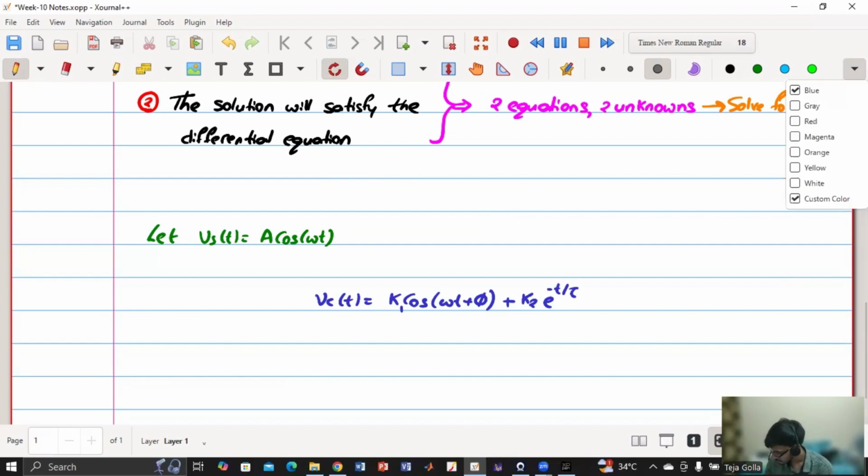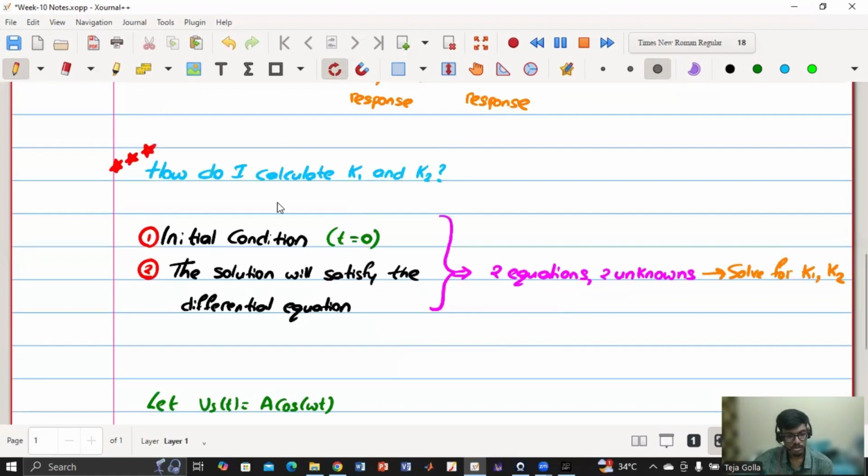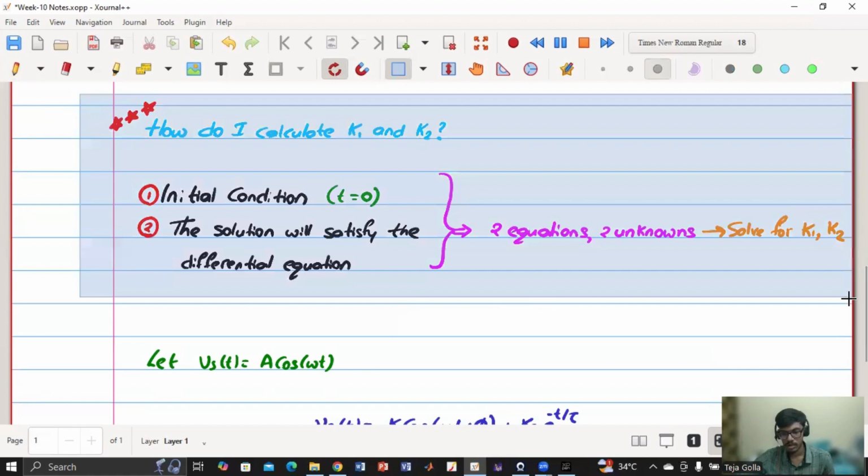Again the same story. This will be the forced response, coming because of the input, and this is the natural response. Again, how will I find k1 and k2? The method remains the same. We need two equations because there are two unknowns.